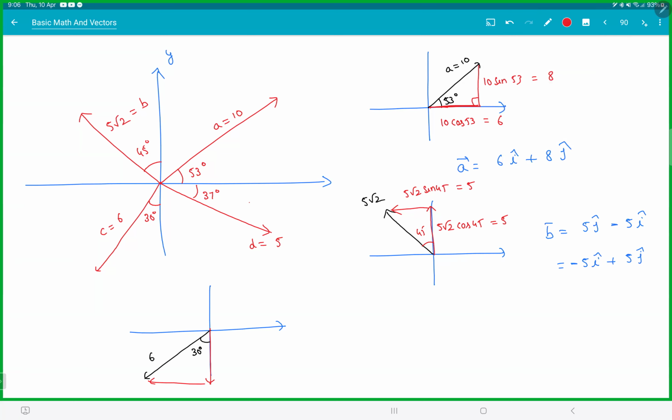So that is the meaning, you're traveling literally there. So this guy is the adjacent side, 6 cos 30. Cos 30 is root 3 by 2. That is 3 root 3. This is 6 sin 30. Sin 30 is half, which is 3. Therefore, C bar, you need to travel 3 units on the left-hand side, minus 3i, and 3 units downward, so minus 3 root 3 j. Both are negative.